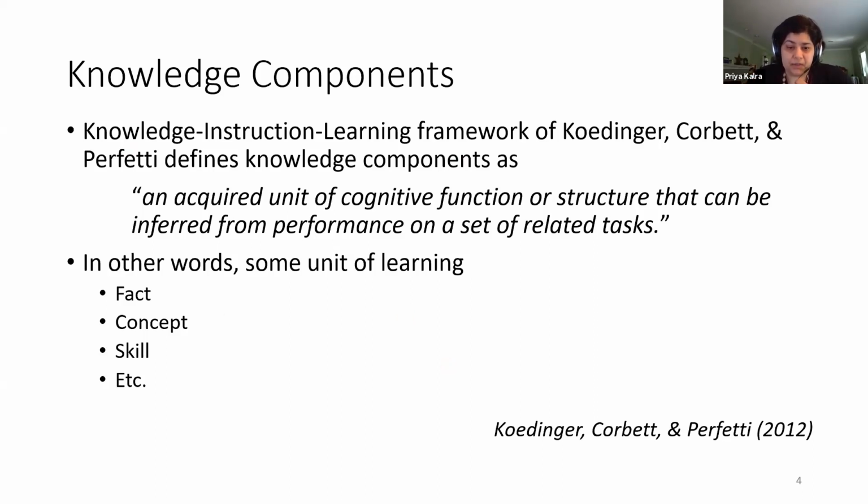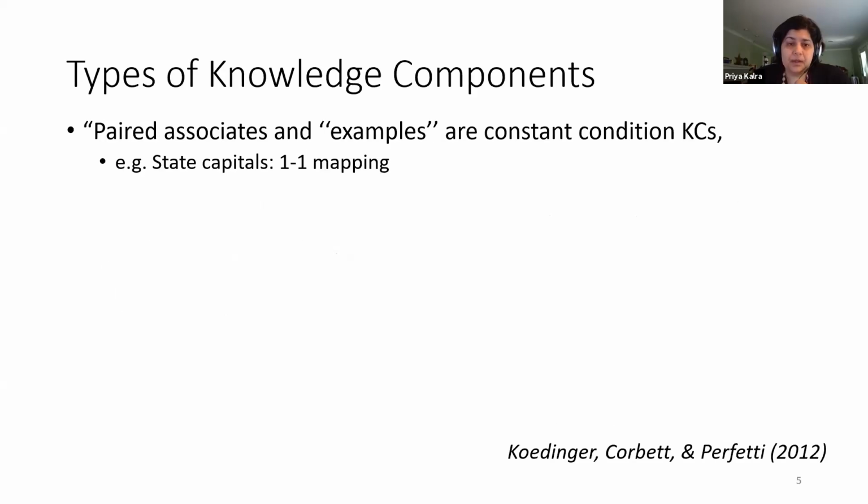I'm not going to get all the way into it. But one of the main distinctions that they make is between constant condition knowledge components and variable condition knowledge components. So a constant condition knowledge component is something where you have basically a one-to-one mapping. When you see a certain prompt or question, you'll always produce the same response.